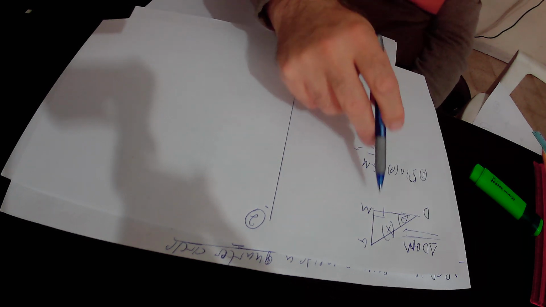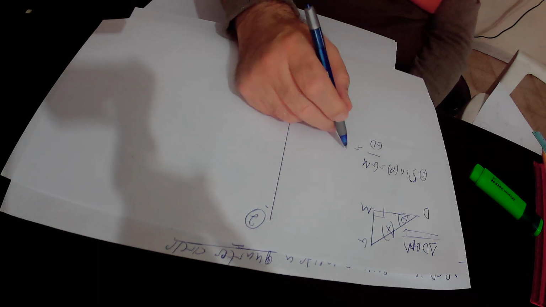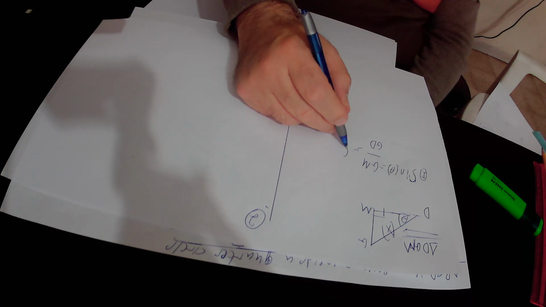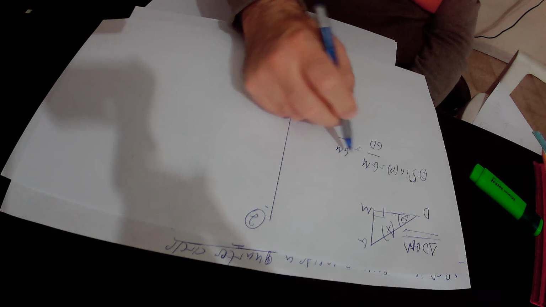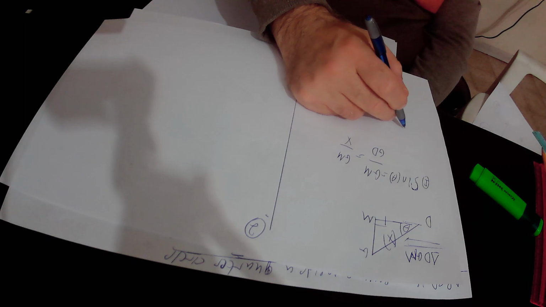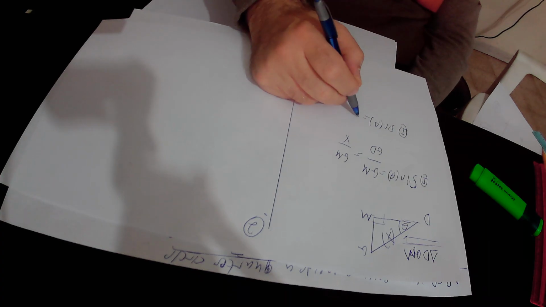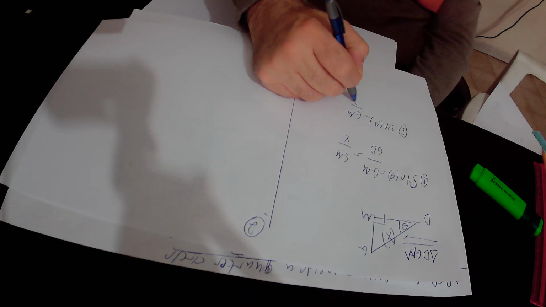GM is the missing side, so we leave it as it is, over GD. GD is x, so we substitute GD by x. So in conclusion, according to equation 1, sine theta equals GM over x.